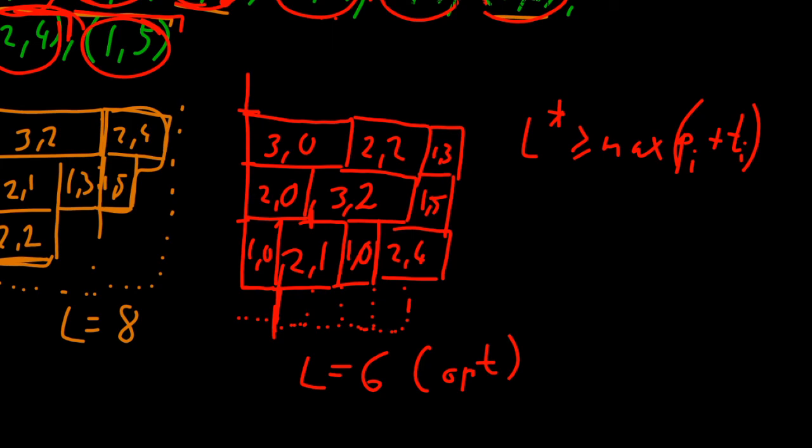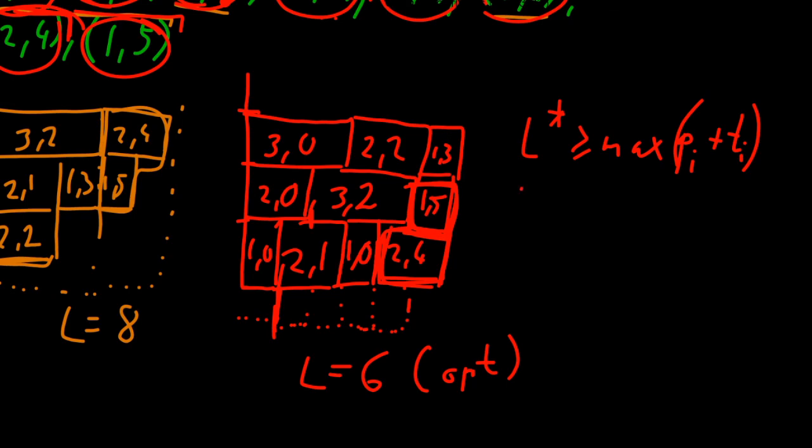Which is 6 in this case, because a job of size 2 arrives at 4. So even if I immediately schedule this job, I can finish at 6 the earliest, yeah? And this bound is also produced by the other job of 1-5.